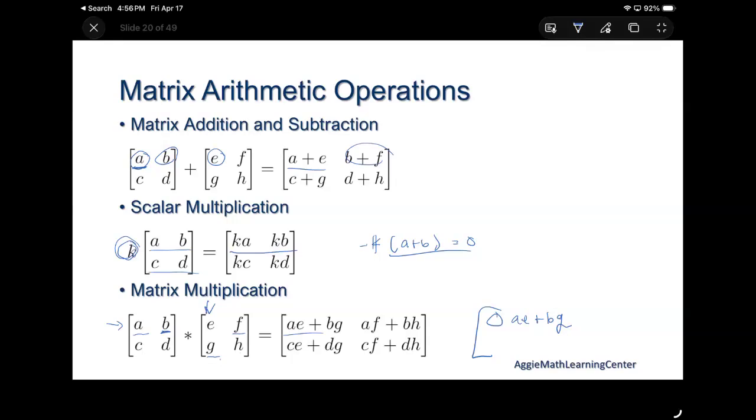You can kind of see it visually overlapping, like if I drew the lines, row 1 of the first matrix, column 1 of the second matrix, the place where they overlap is where the entry goes in the new matrix. Do you see that?